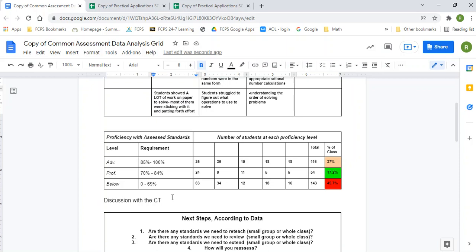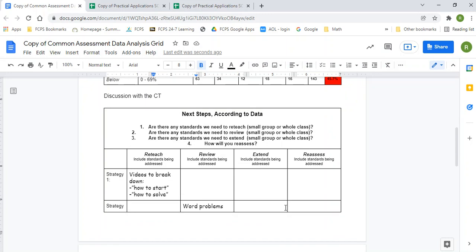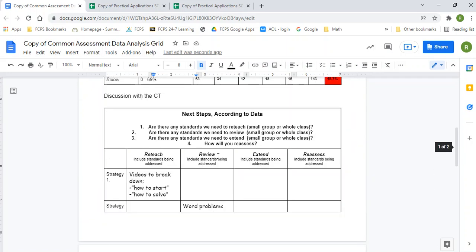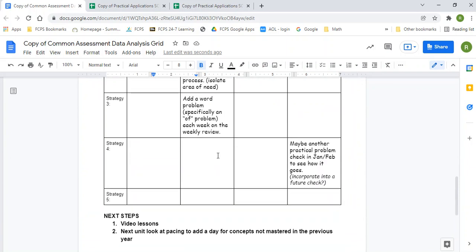So then we had a CT discussion, and then we had to decide what our next steps are according to the data. Are there any standards we need to reteach, either as a small group or whole class? Were there any standards we needed to review, we needed to extend, and how will we reassess? So based on the conversation that the collaborative team had, we came up with different strategies, some on the review side, some on the reteach side, and some on when we could reassess to see if students had learned this skill.